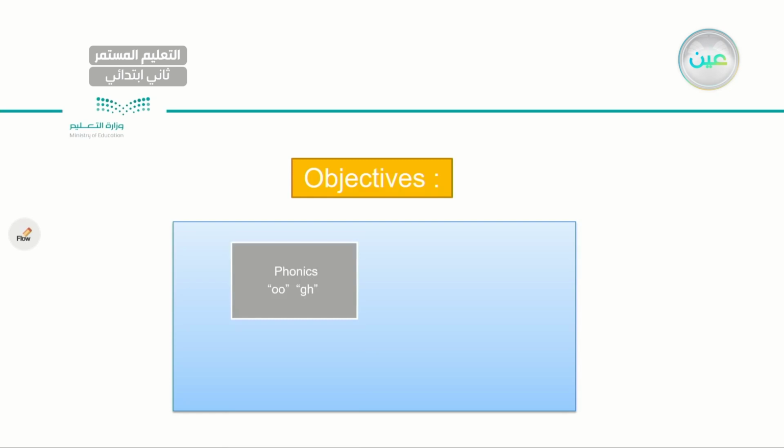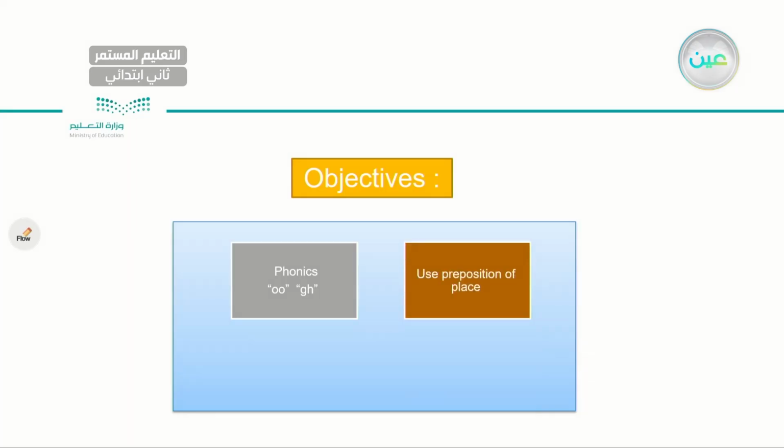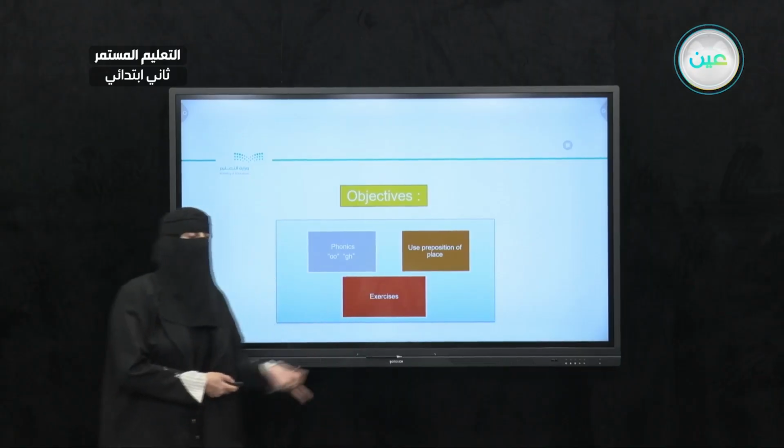Here I have double O and GH. Okay? If we combine the two letters together, we end up with what? We will also use prepositions of place, and we will be doing tons of exercises. Actually, for this lesson, we will practice reading and listening more.